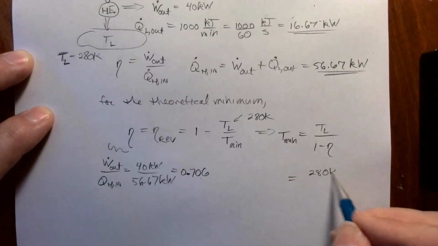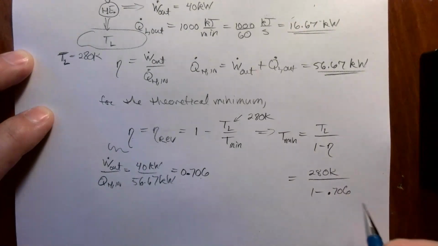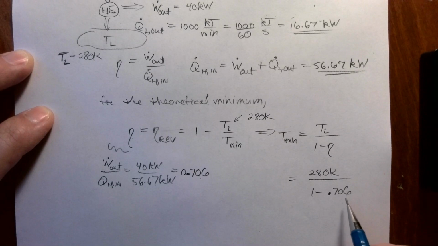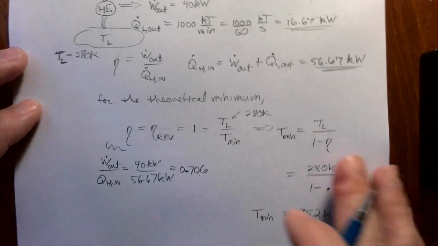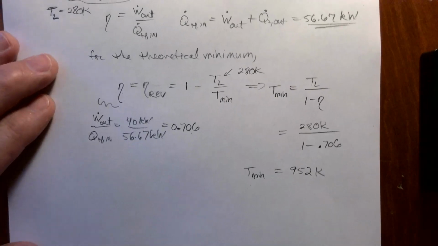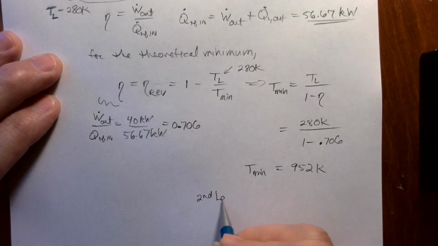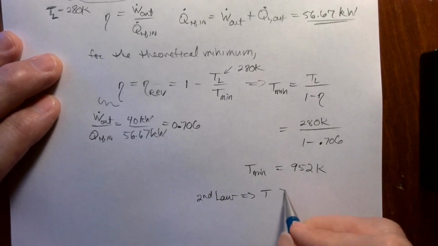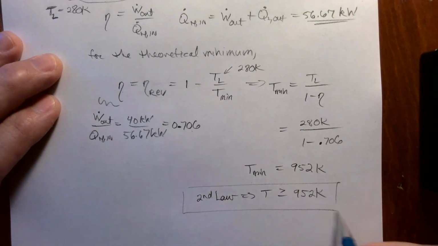So 280 K divided by 1 minus 0.706. Don't be lazy, keep three decimal places of accuracy there. This comes out to be 952 K. That's the minimum possible temperature that will allow that process to occur as they have it proposed. So the second law suggests that T has to be greater than or equal to 952 for this process to occur.